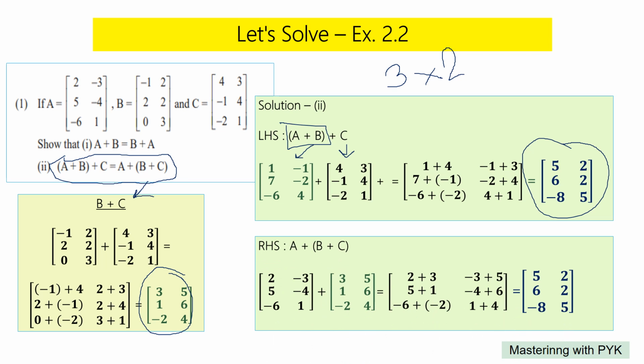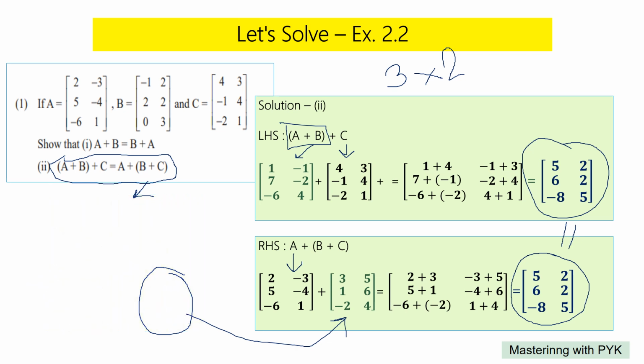So right hand side when added, this is A, and B plus C is from here. On addition, we get the values which are same as the addition of left hand side. So this proves that when matrices are added, irrespective of the order, the results are same.